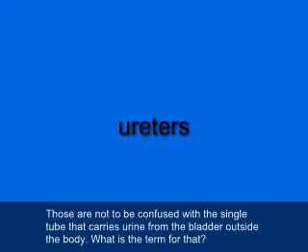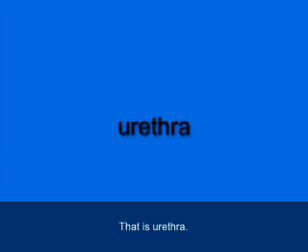And those are not to be confused with the single tube that carries urine from the bladder outside the body. What is the term for that? That's the urethra, URETHRA.